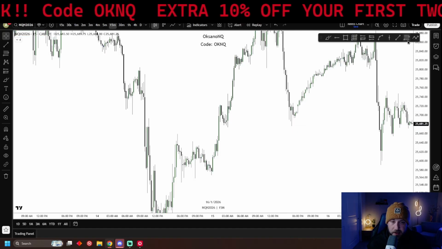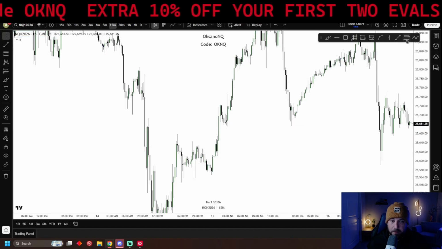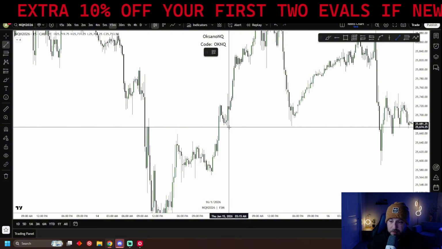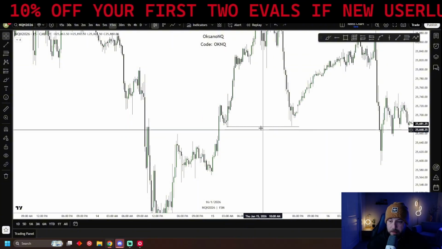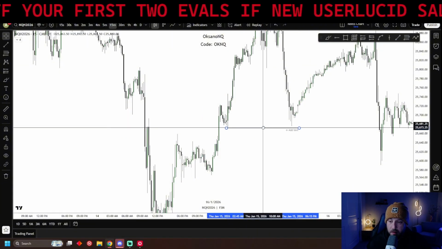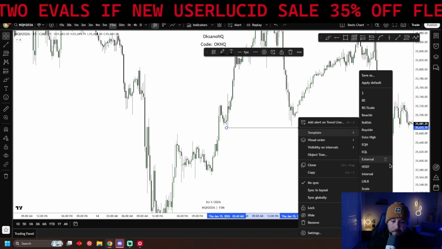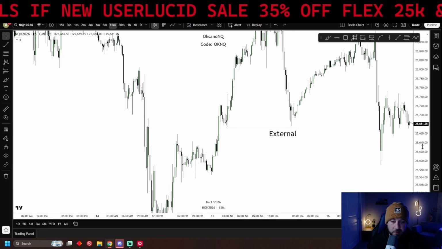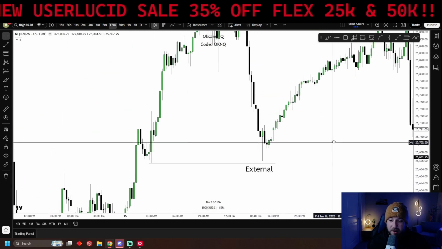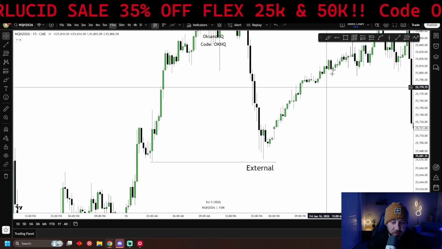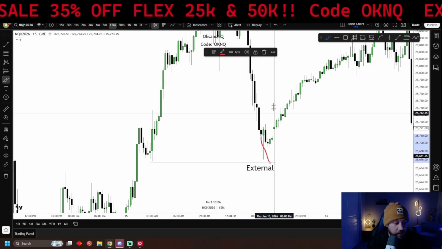Look, here's another example. So here we have this 15-minute external low. How many of us, if we're wanting to long, would be waiting for this hourly low sweep, especially when we get here?